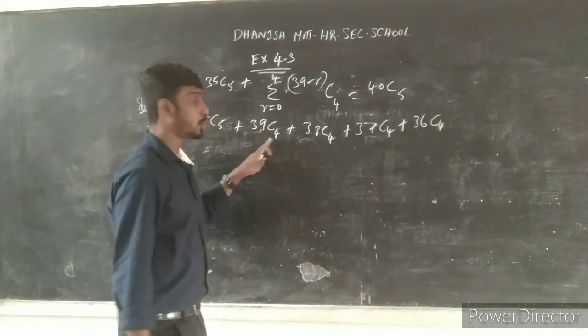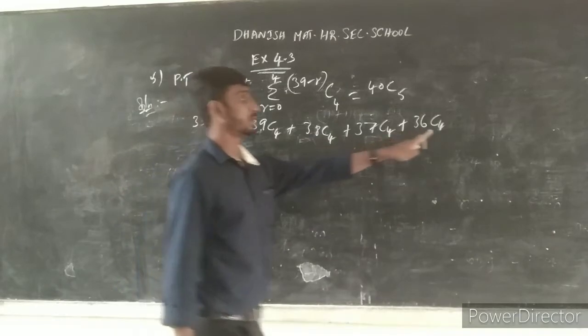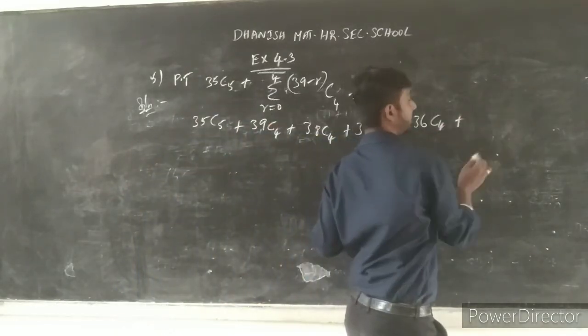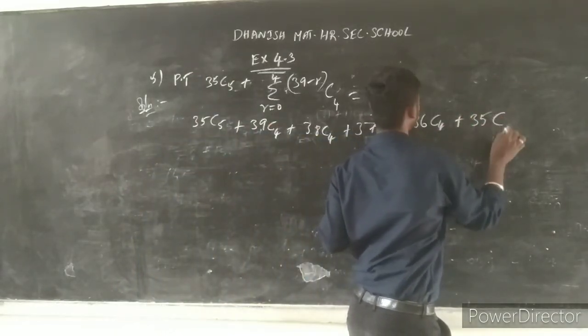This one is 0, this is 1, this is 2, this is 3. Finally we get 35C4.